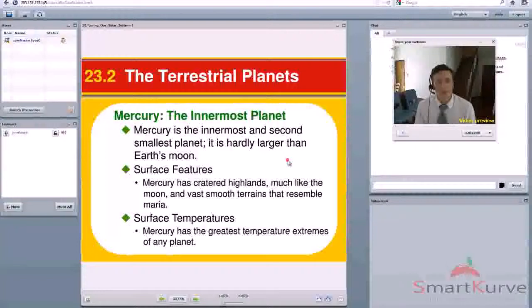But when it's facing away from the sun, when it's nighttime on Mercury, it becomes very cold very quickly. Kind of like the desert. Like deserts here on Earth, which are very hot during the day and very cold at night. On slide 16, we see the surface of Mercury.